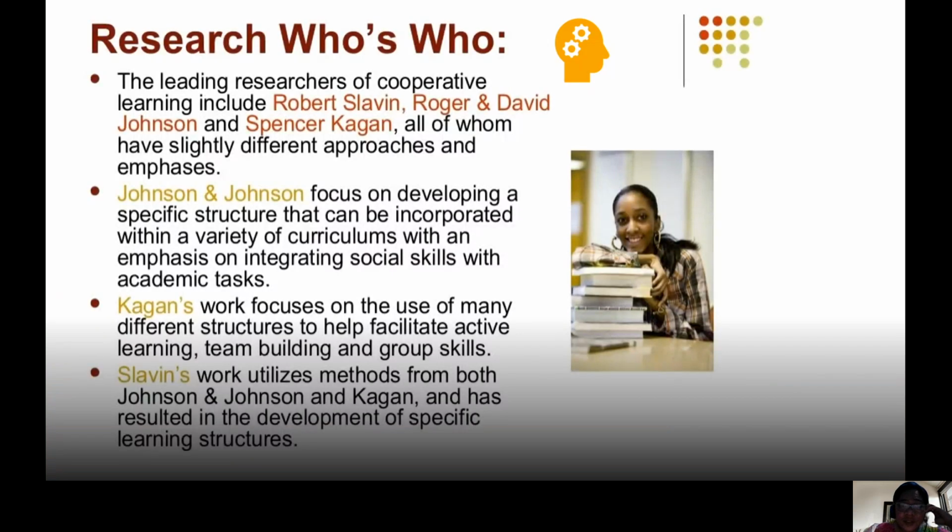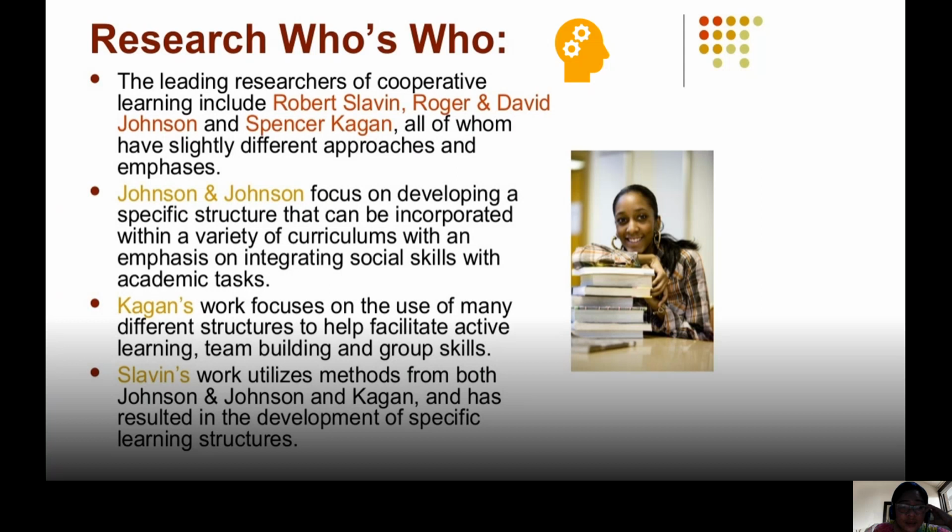There are a lot of researchers who have contributed a lot to collaborative learning. The leading researchers include Robert Slavin, Roger and David Johnson, and Spencer Kagan, all of whom have slightly different approaches and emphasis. Johnson and Johnson focused on developing a specific structure that can be incorporated within a variety of curriculums, with an emphasis on integrating social skills and academic skills.